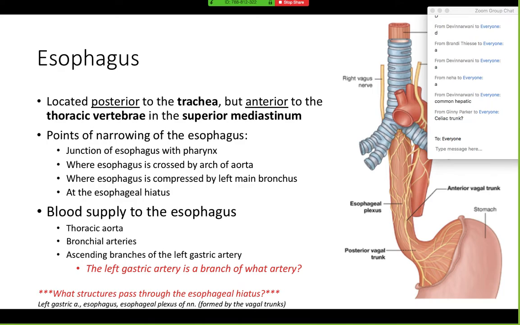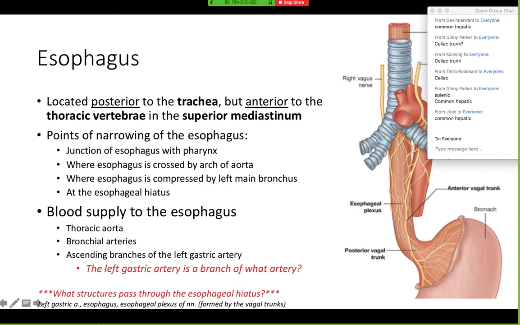Not common hepatic, the celiac trunk, right? All right, so somebody type out 3 main branches of the celiac trunk real quick. Splenic, common hepatic, left gastric. Good job.